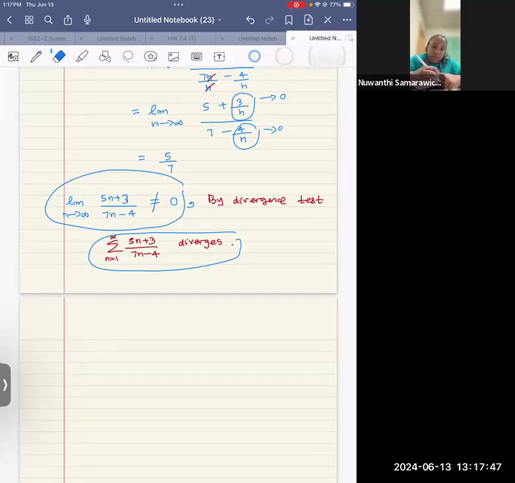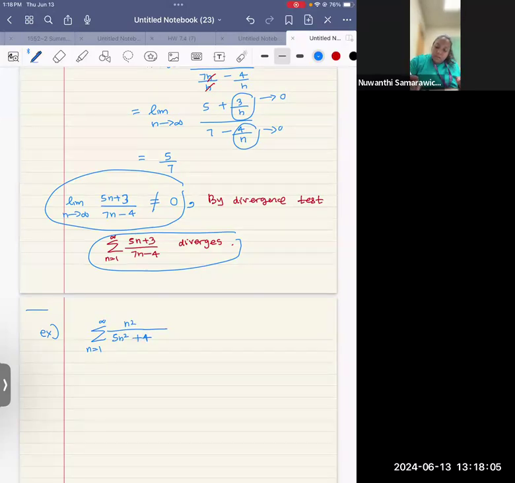Okay, can you use the same idea? Let's see now whether you can understand. Can you check whether this series is convergent or divergent?